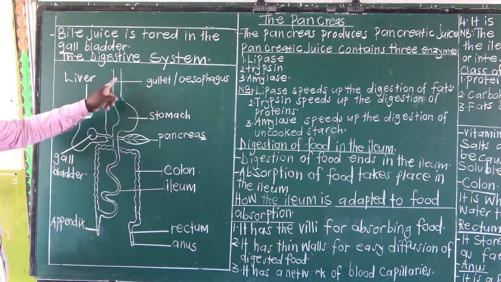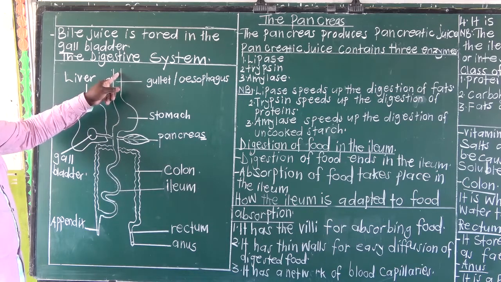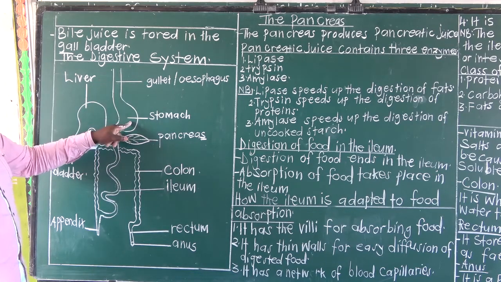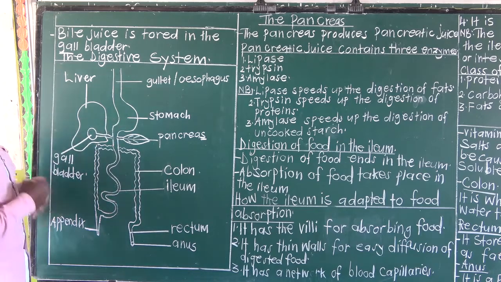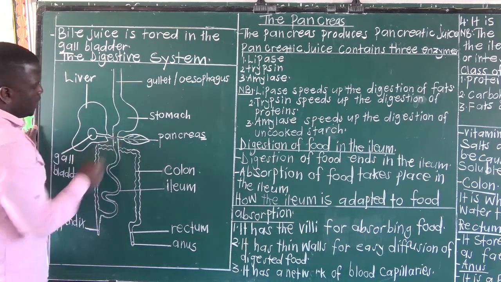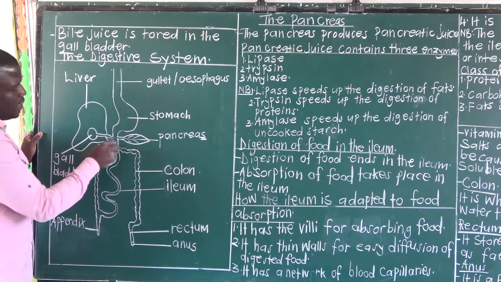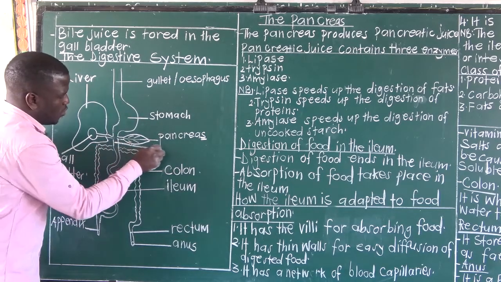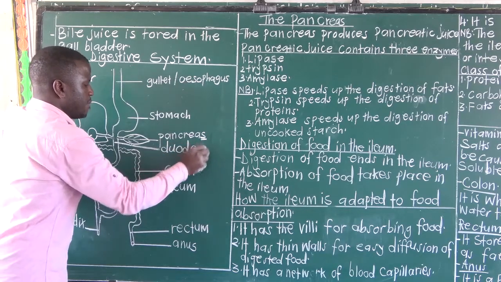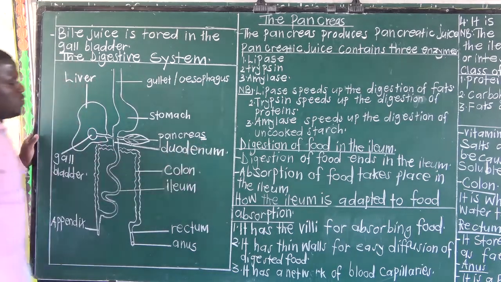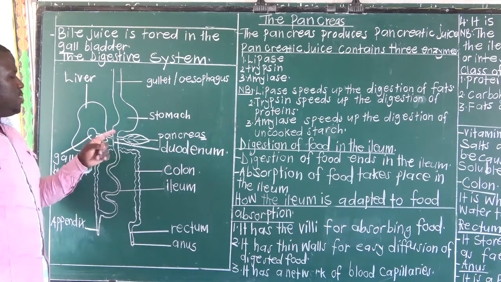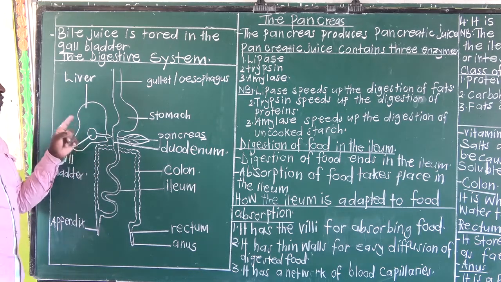So when you eat food, from the mouth, food goes to the stomach through the gullet. Then, after the stomach churning food or breaking down food into smaller particles, that food will come to the duodenum. This part is called the duodenum. So we say the duodenum receives bile juice from the liver.